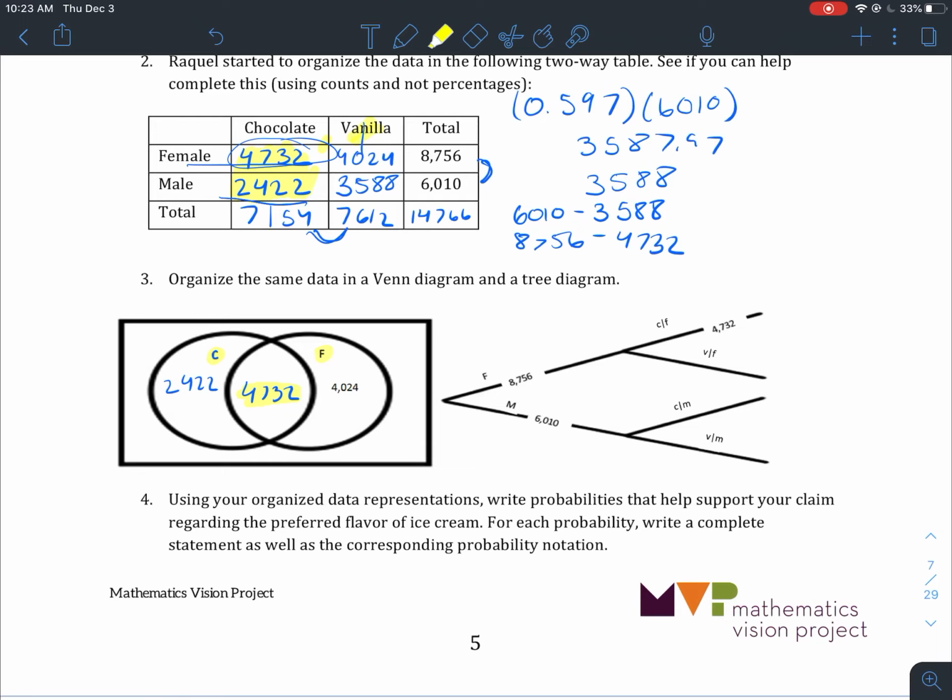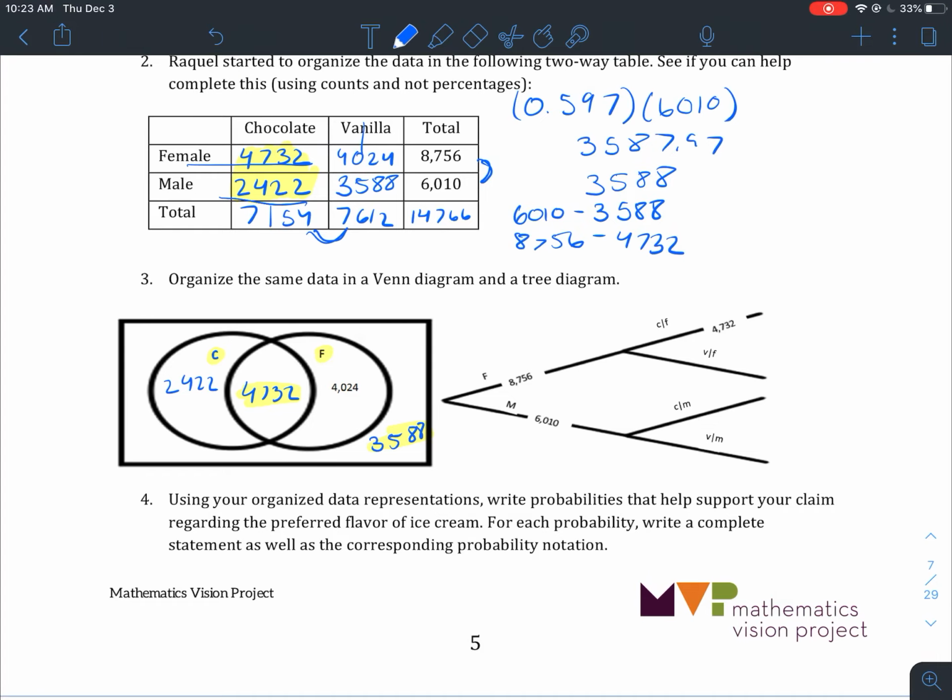So that would be the males who chose vanilla, and that is 3,588. So these are the respondents that did not qualify for either of these categories. All right, so that was a Venn diagram.